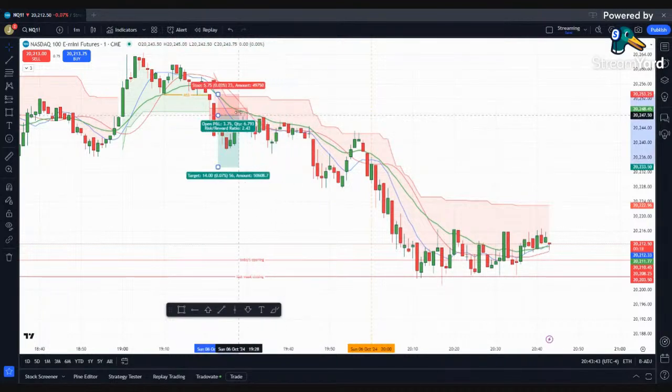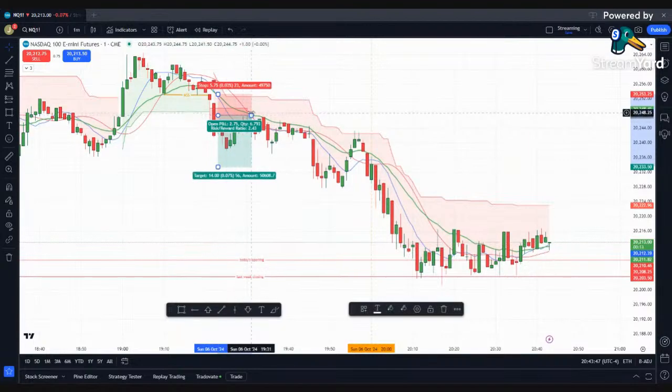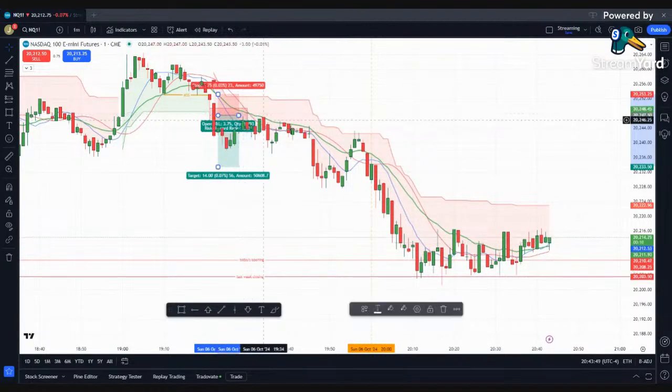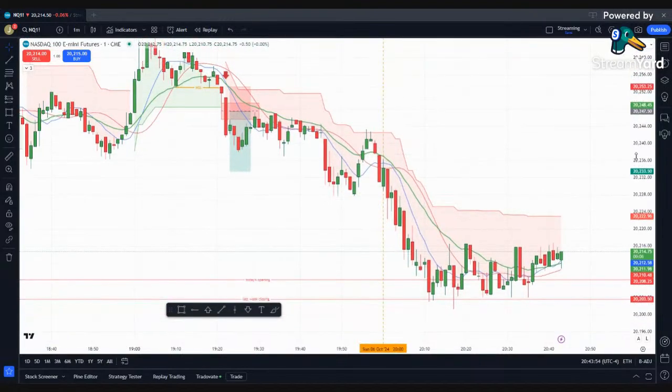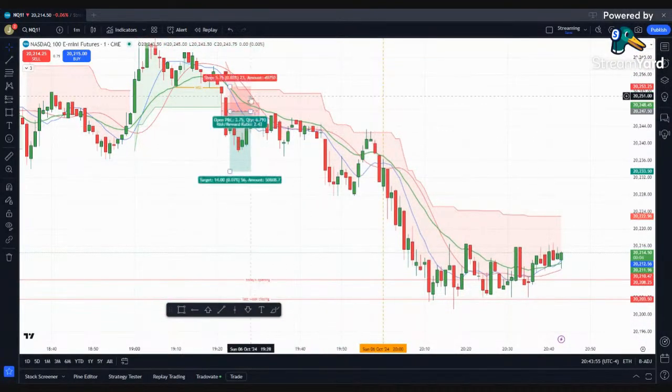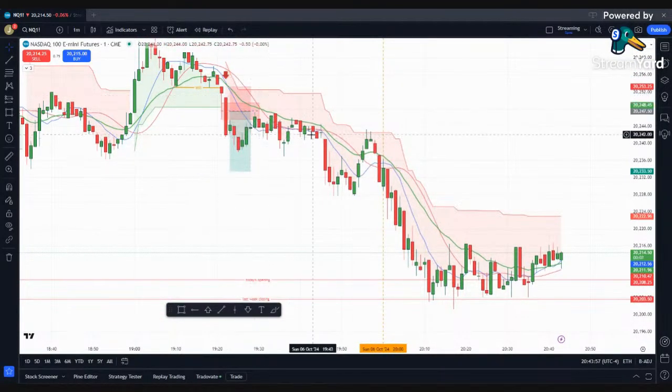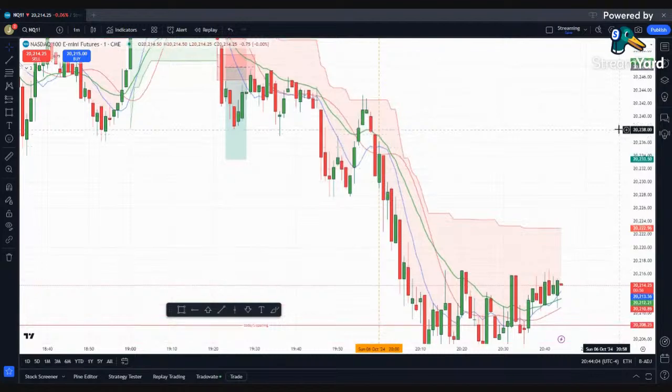As early as once you enter, if you're not really comfortable with your entry, the first exit you can have is once the blue line crosses the red line. For example, this here.